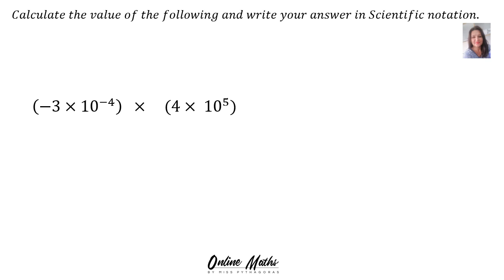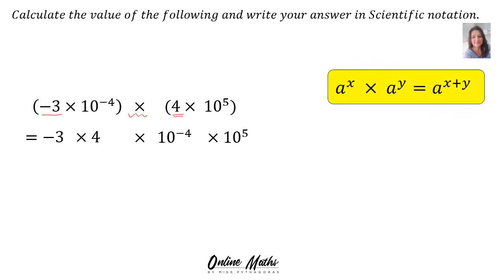Let's do another example. Calculate the value of the following and write your answer in scientific notation. So again, first we will do minus 3 times 4, since the sum has a times in. And then in terms of 10 to the negative 4 times 10 to the 5.